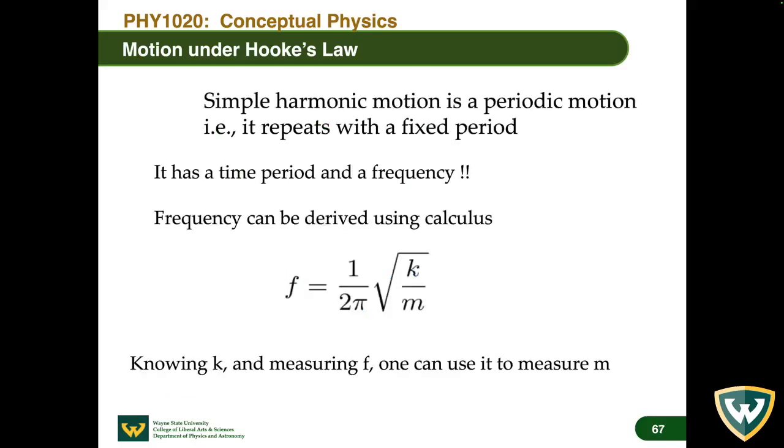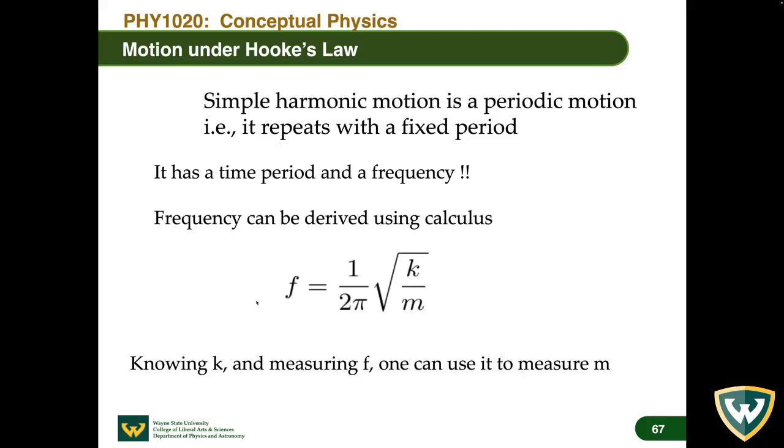So this is known as simple harmonic motion. It's a periodic motion. It repeats with a fixed period. And it would repeat like this forever if there is no friction. The time period and the frequency can be calculated using calculus.